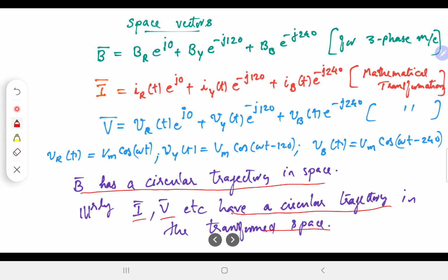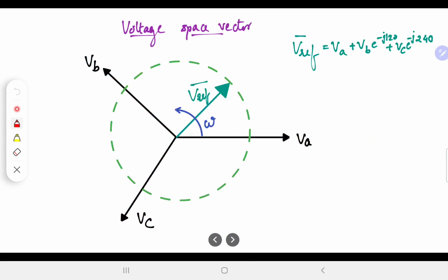So this is for sinusoids. We have assumed that these are all sinusoidal quantities. But what if you are using an inverter which can either switch to plus VDC by 2 or minus VDC by 2 in each phase? What will be the outcome of that? We'll have to look at that.